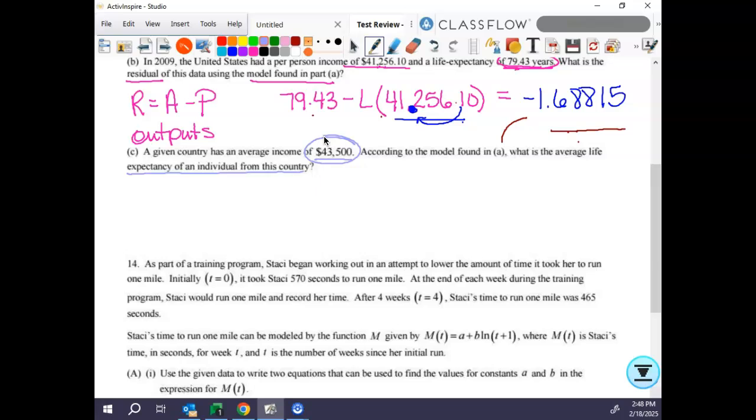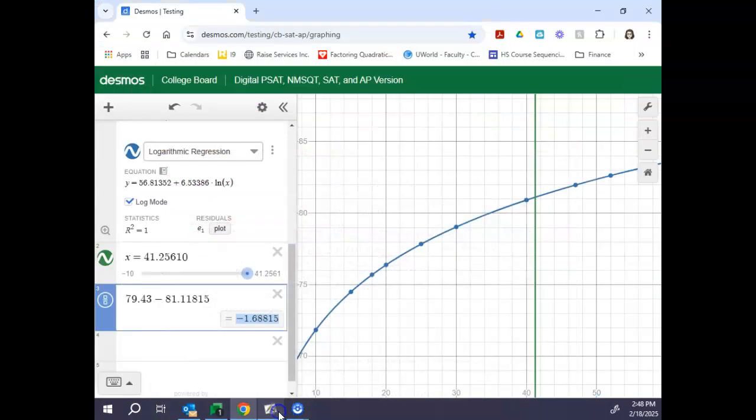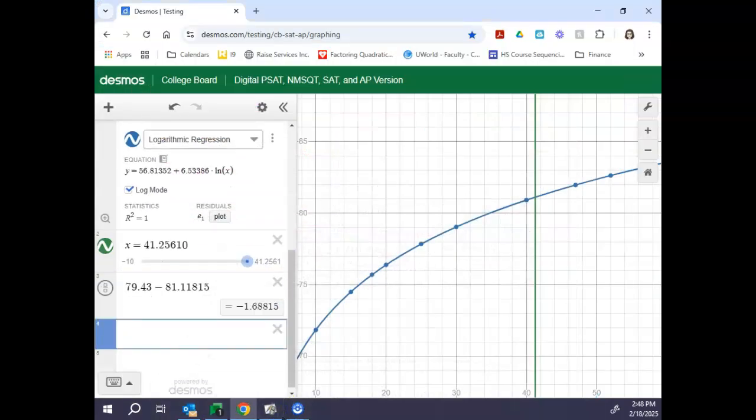Income is the input, right? It's what we just did here. So this is $43,000. That means I am looking for L of 43.500 because it is in thousands of dollars. Don't forget that.